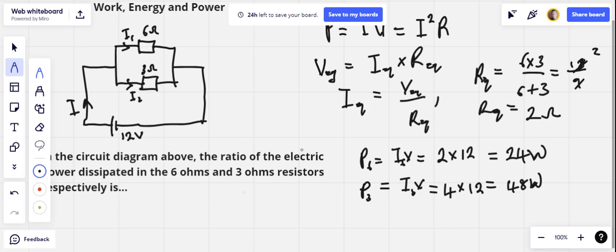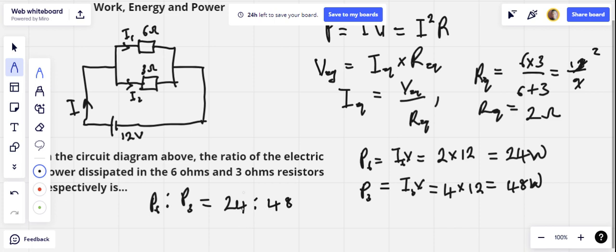So now we can see the power in the 6 ohm is 24 watts. That in the 3 ohms is 48 watts. So the question was, find the ratio of the power in the 6 ohm to the 3 ohm. So the ratio of their power will be the ratio of P6 to P3, which equals 24 watts is to 48 watts.